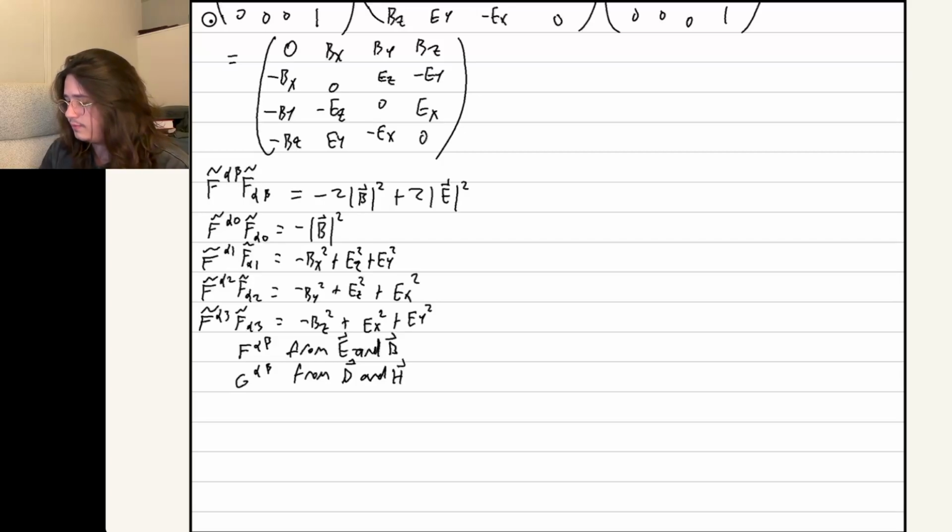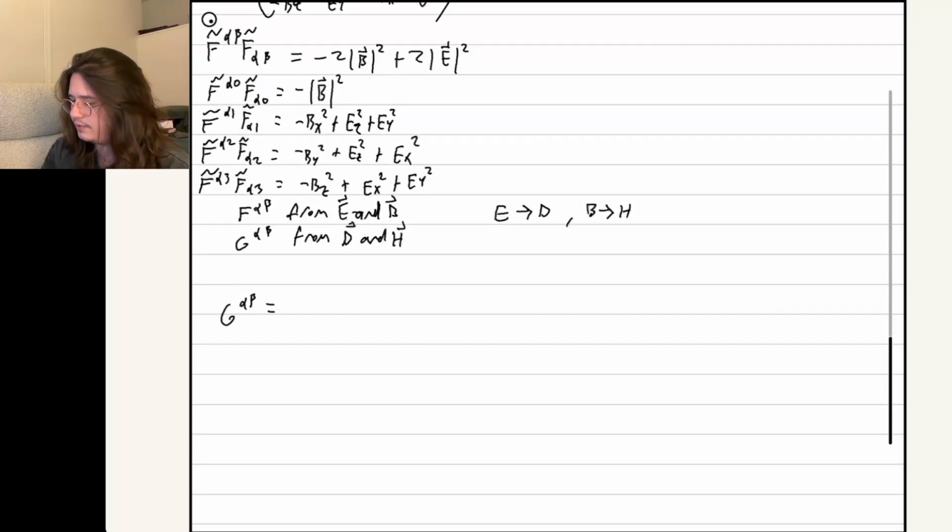So I'm going to form this tensor, G alpha beta, but I'm just going to make symmetry arguments and just have E go to D anywhere an E shows up, and B go to H anywhere a B shows up, and write every form of this matrix that we want to look at.